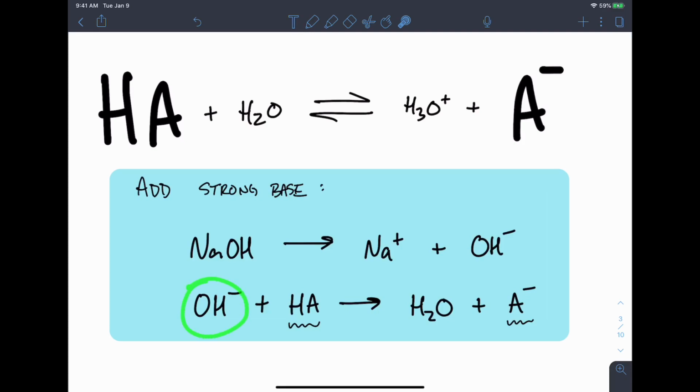So for every OH-, we react with one of our weak acid molecules to form water and some of the conjugate base. So notice if we add hydroxide ions, we are effectively going to decrease the concentration of our weak acid and increase the concentration of our conjugate base.